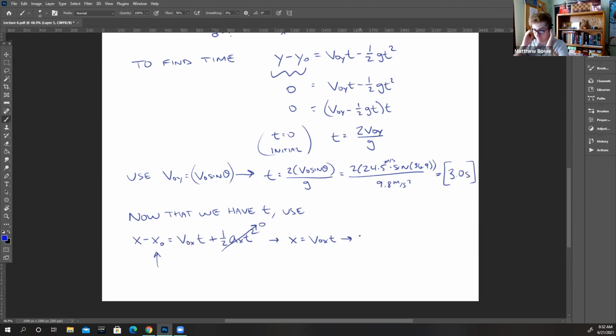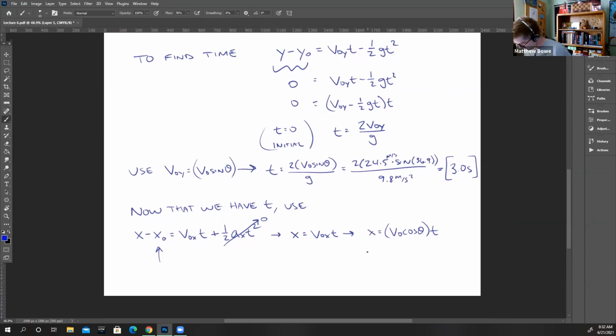But the same problem that we have above, what is the horizontal component of that vector? I'll just write it out in the parentheses right here. It was v naught times cosine theta times t. So that was this term right here. So doing this, we get x equals 24.5 times cosine of 36.9 degrees.